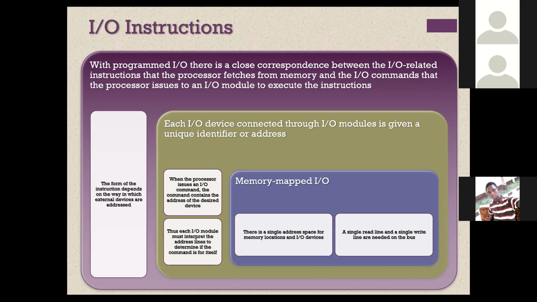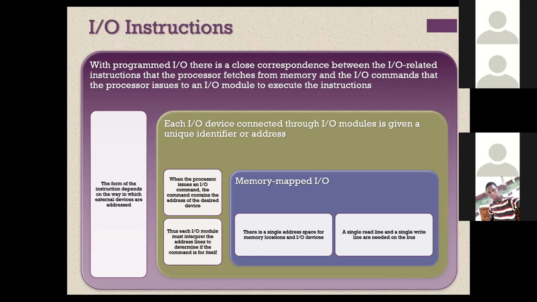Now, with memory mapped I/O, a single read line and a single write line are needed on the bus system. Alternatively, the bus may be equipped with memory read and write plus input and output command lines. The command line specifies whether the address refers to a memory location or an I/O device. The full range of addresses may be available for both.